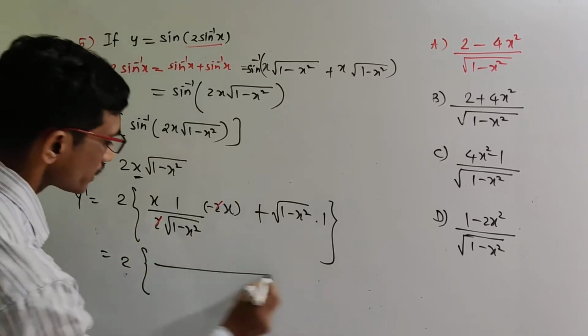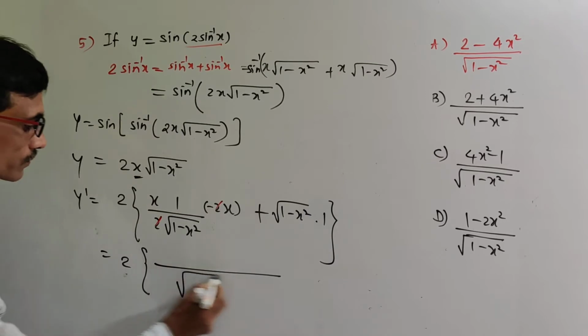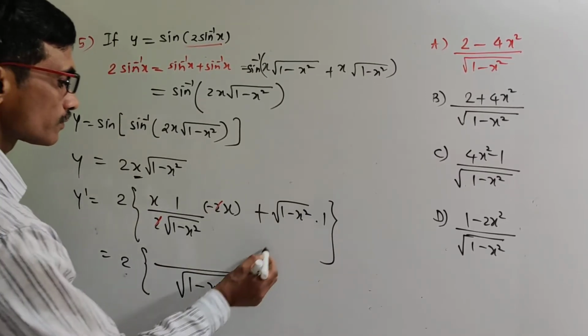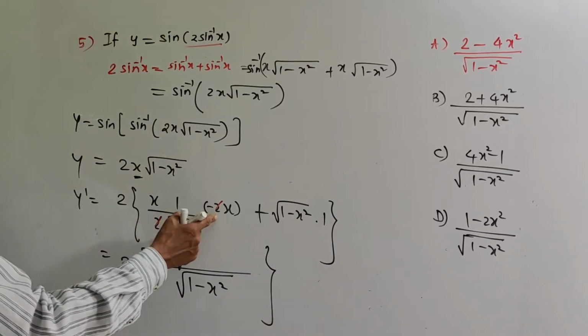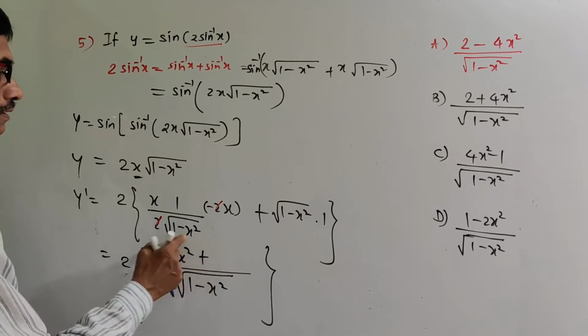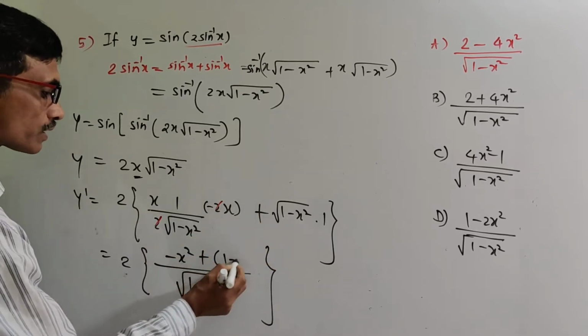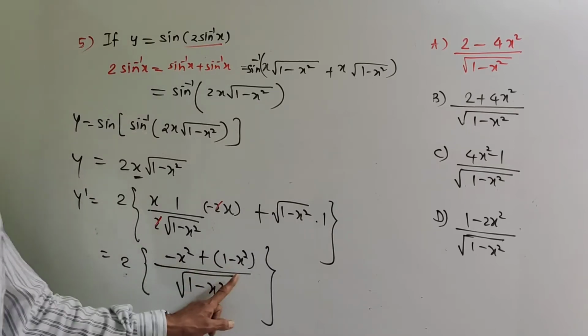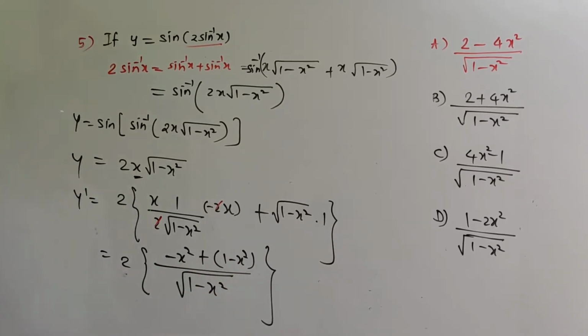Here the LCM of the denominator is root of 1 minus x square. Cross multiplication will give us 1 minus x square, minus x square. The square root will be removed, and minus x square and minus x square gives minus 2x square.